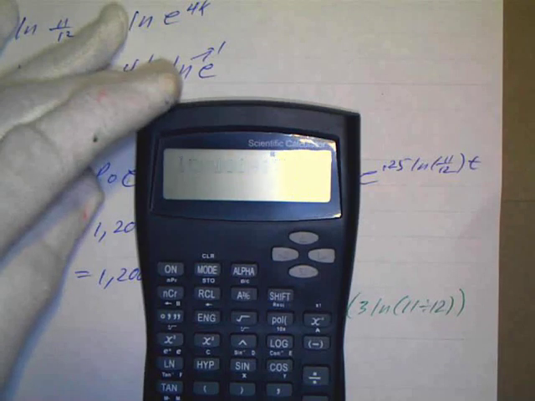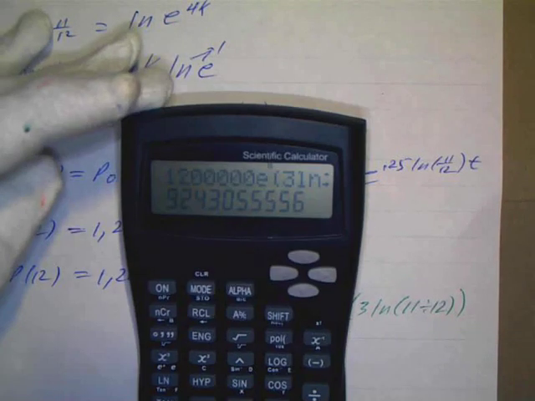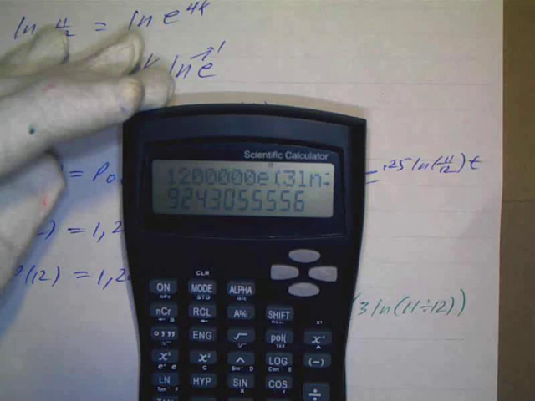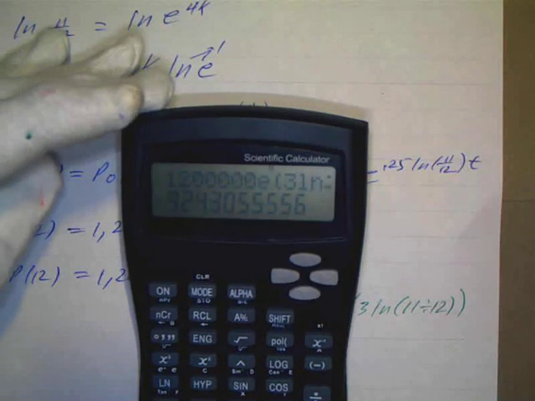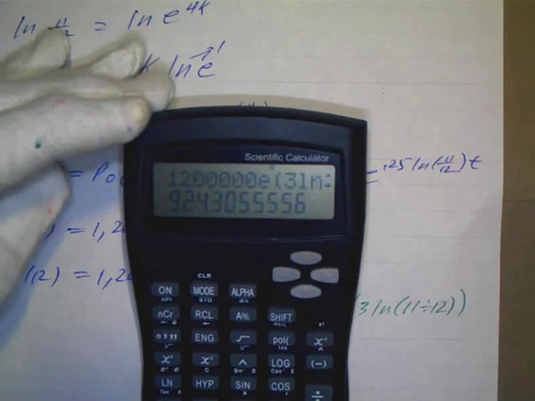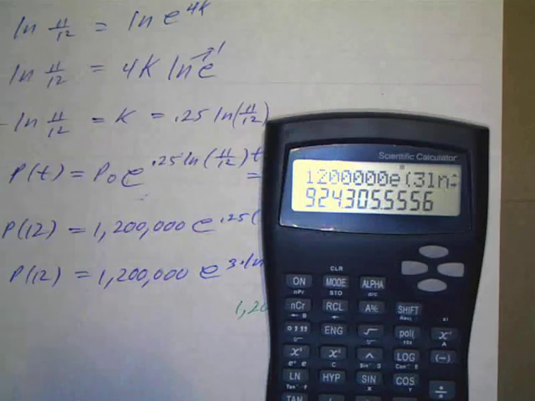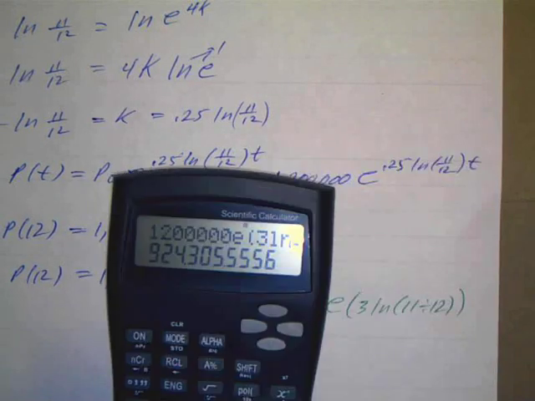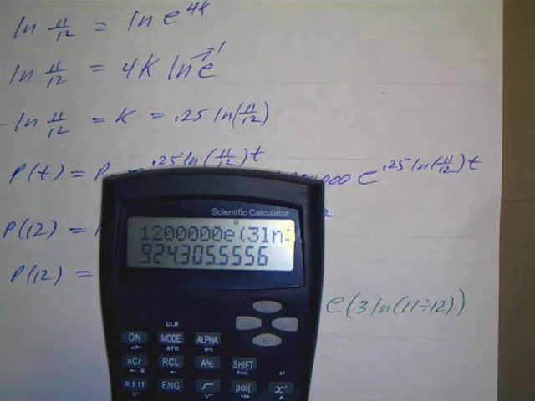So if I did that right, I should get an answer of 924,305.56. So P of 12 is that. So you can see the answer there, 924,305.5556. We can round that off.